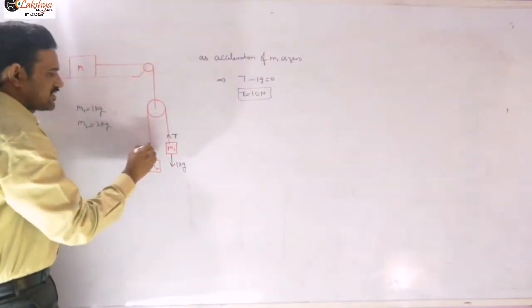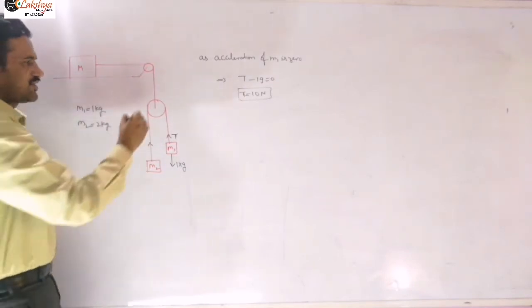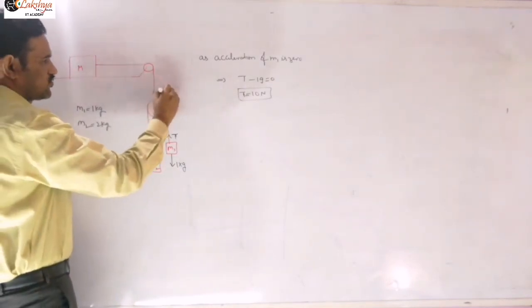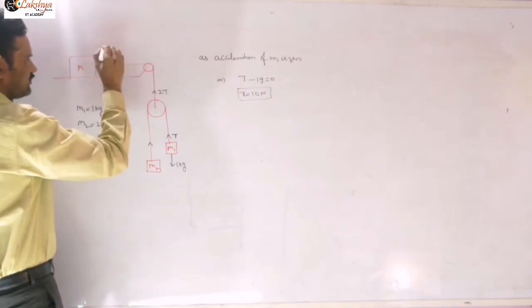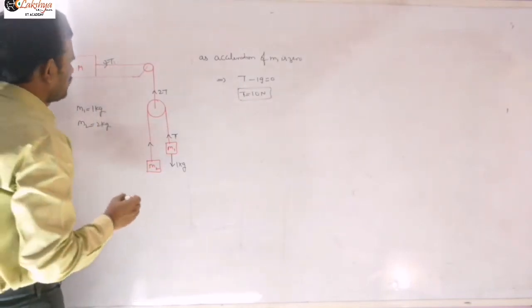So if here tension is 10 newtons, then here also tension will be 10 newtons, and here tension will be 2T, and so 2T will act on this block.